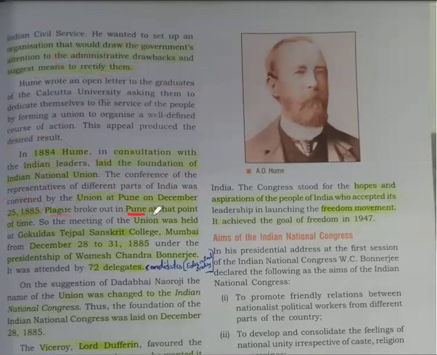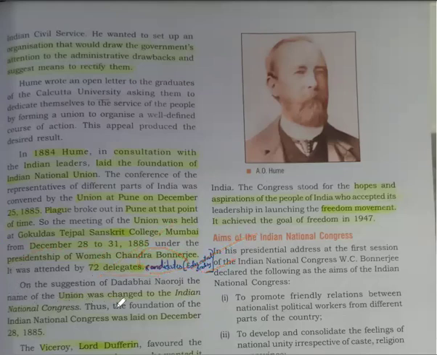Plague broke out in Pune at the time, so the meeting of the Union was held at Gokuldas Tejpal Sanskrit College, Mumbai from December 28 to 31, 1885, under the presidency of Umesh Chandra Banerjee. It was attended by 72 delegates, meaning educated Indians.